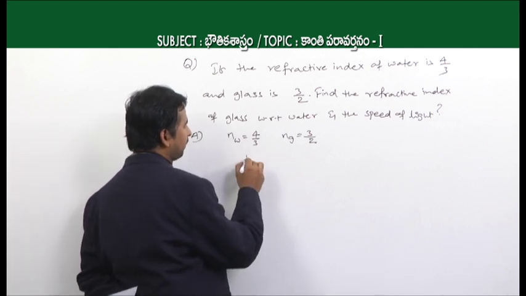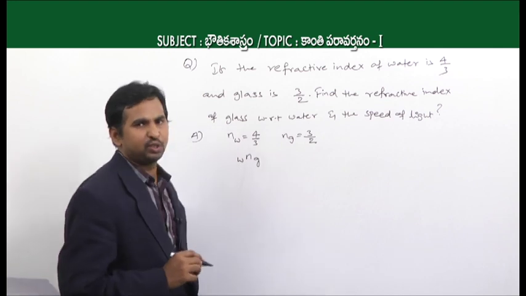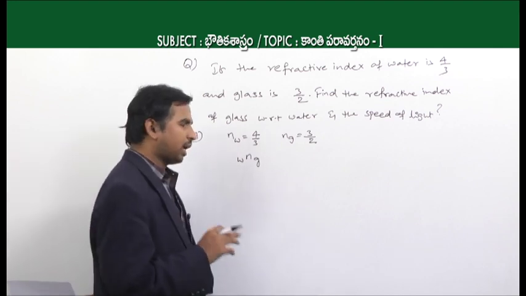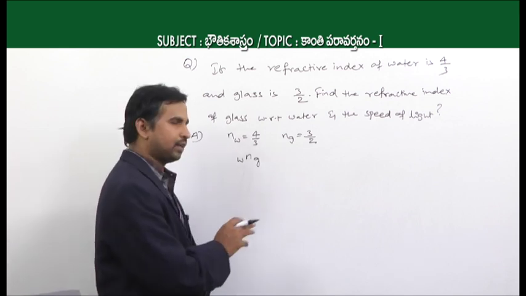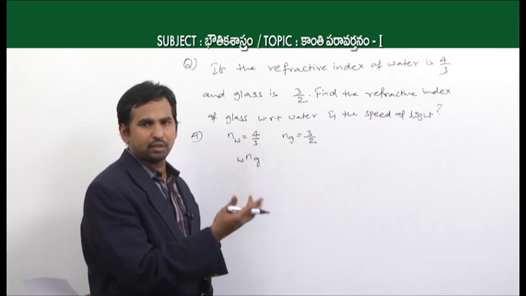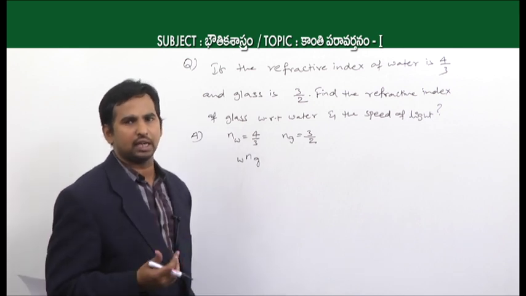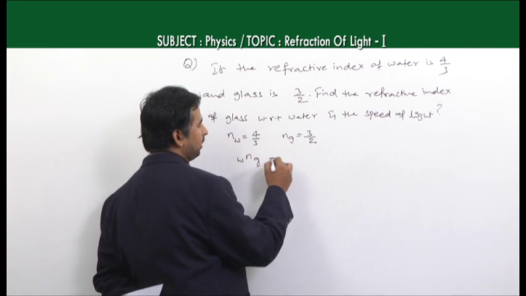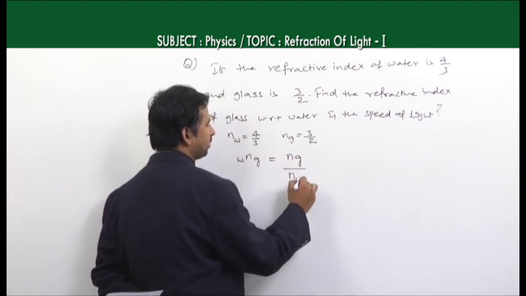So the refractive index of glass with respect to the water means here we are taking the light rays coming from water to the glass. Whenever we have the refractive index of glass with respect to the water, we are comparing the refractive index of the glass with respect to water, which is nothing but refractive index of glass by refractive index of water.